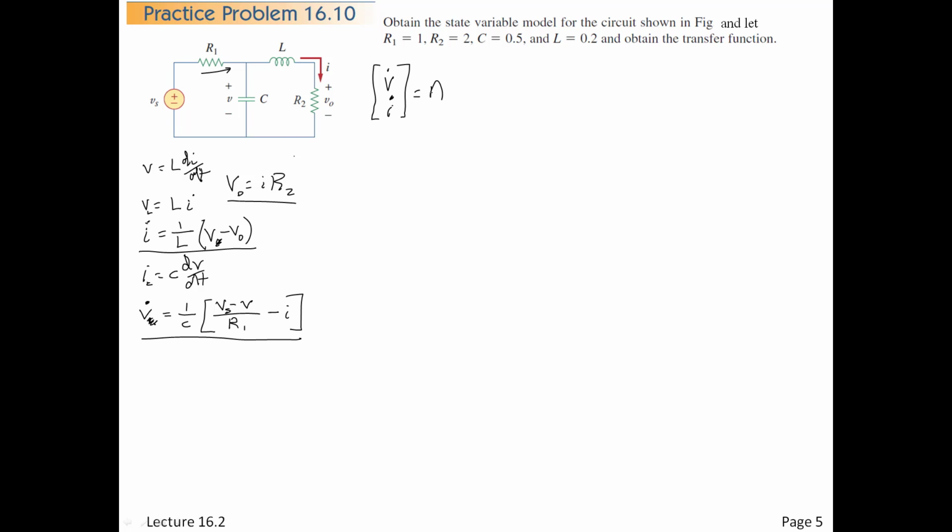Our A matrix times our state variables, V and I, plus a B matrix times our input variable, which is Vs. Okay, we're going to want this. We're also going to want an output equation. So we're also going to need the second one.